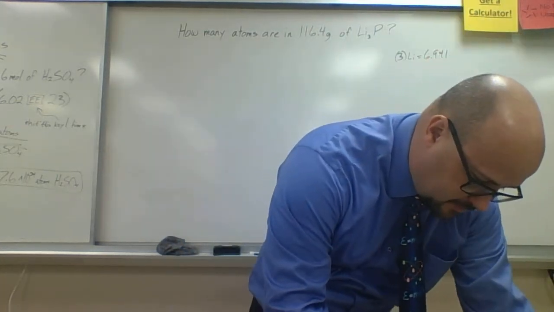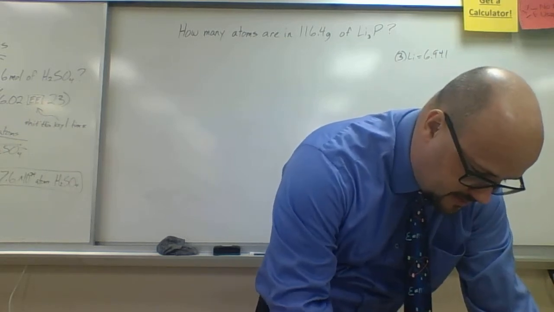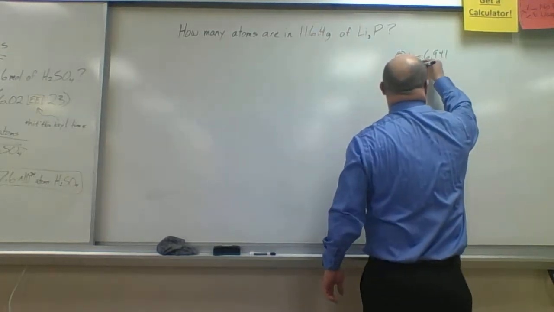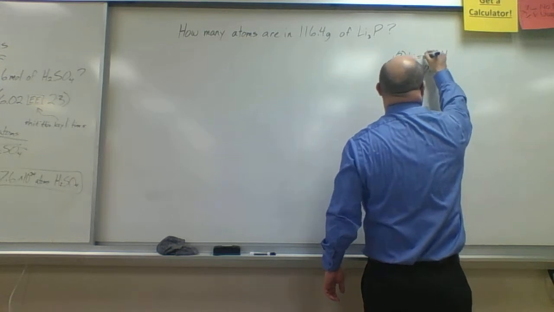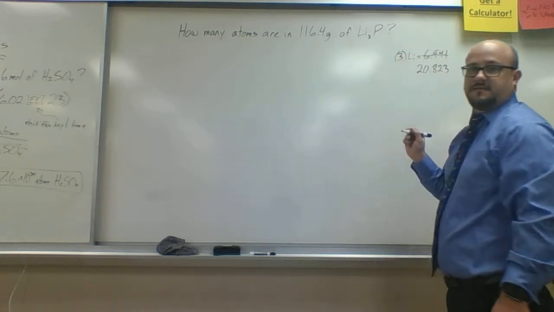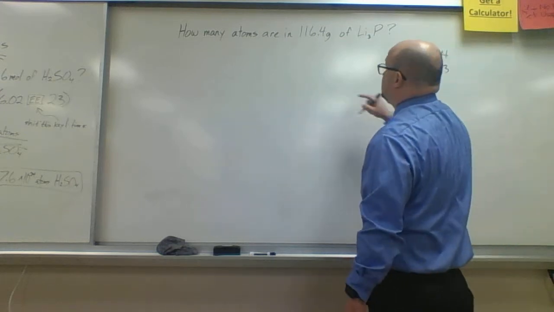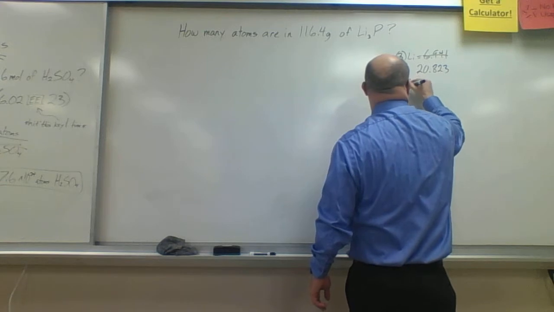So 6.941 times 3 gives us 20.823. I'm going to put a little line through that 6.941 so we don't get confused. Now, plus phosphorus, which we just have 1 of, so that makes for an easy time.